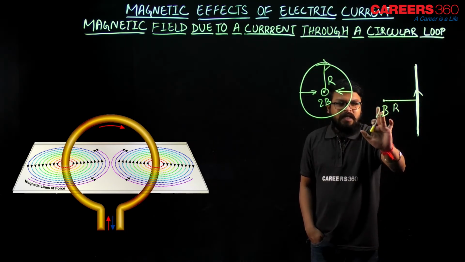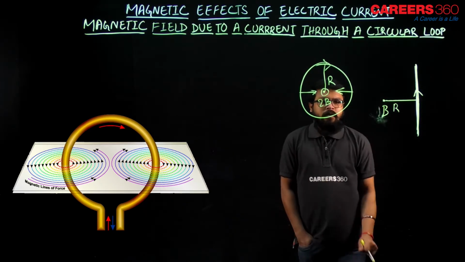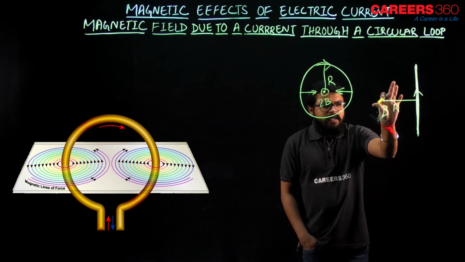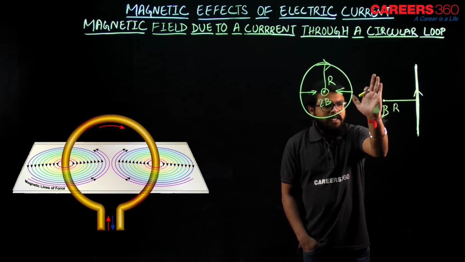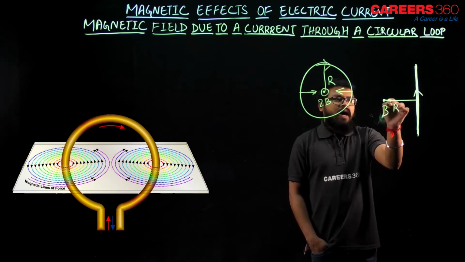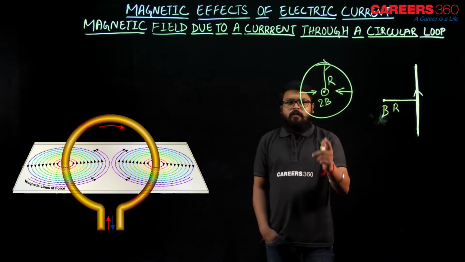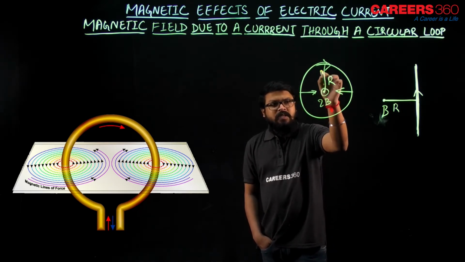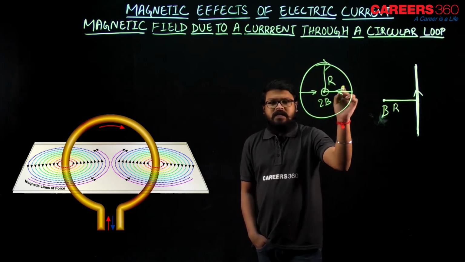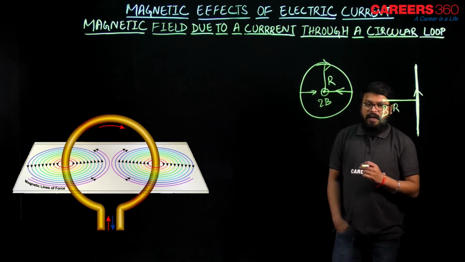I hope you got that right. The magnetic field intensity due to a straight wire was b at a distance r from it. Now when we bend it in the form of a loop, at the same distance r, its magnetic field intensity is now 2b. Why?